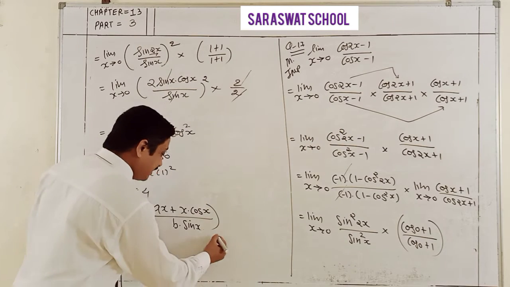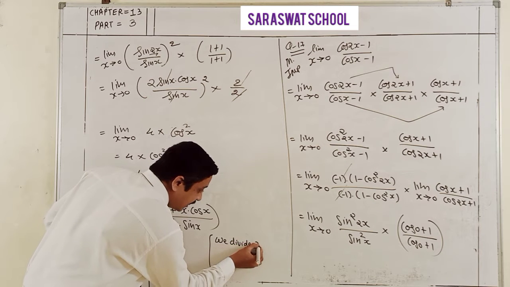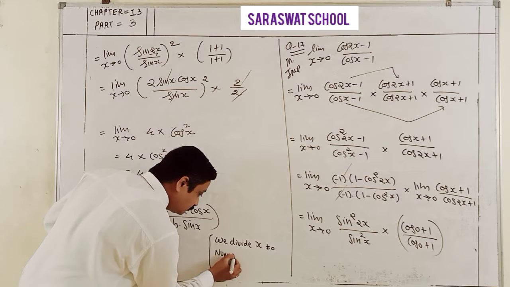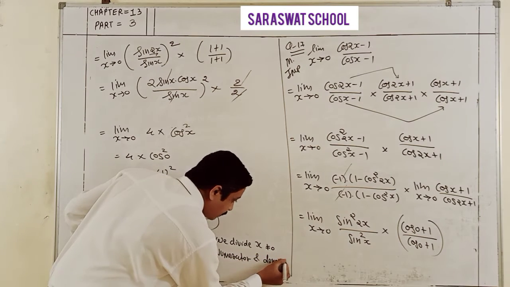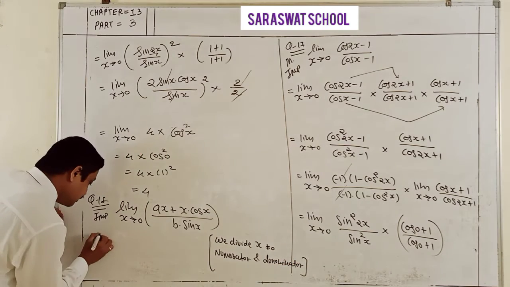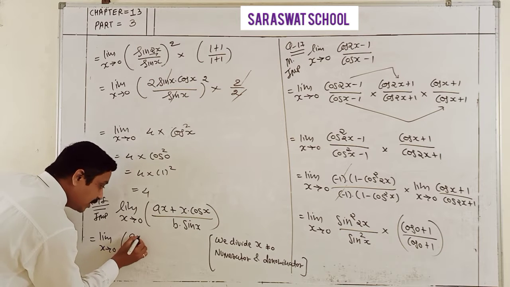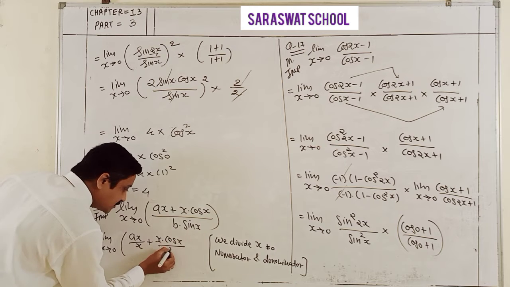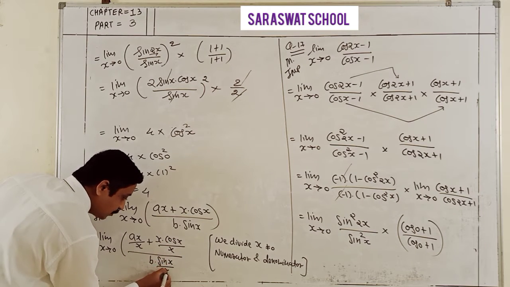So here I just write down: we divide by x, not equal to 0, for numerator and denominator. So limit x tends to 0: here ax upon x, x cos x upon x, b sin x upon x.